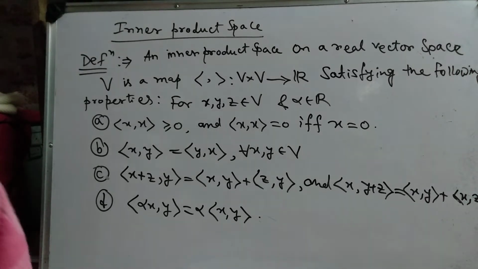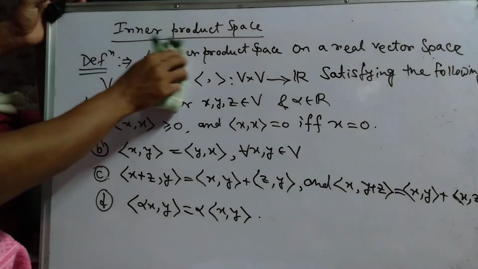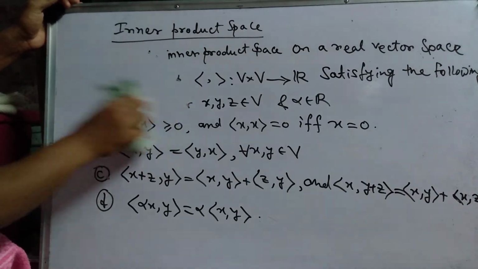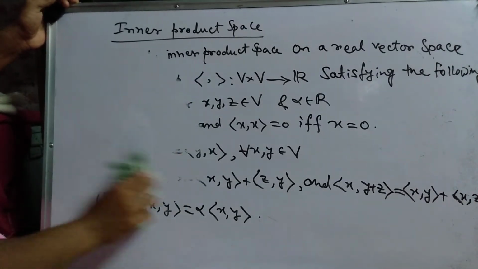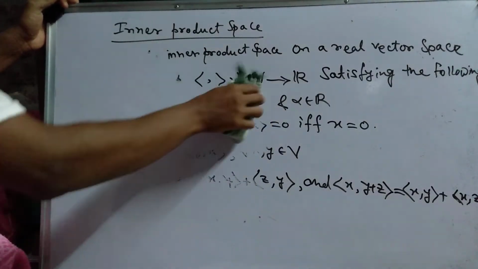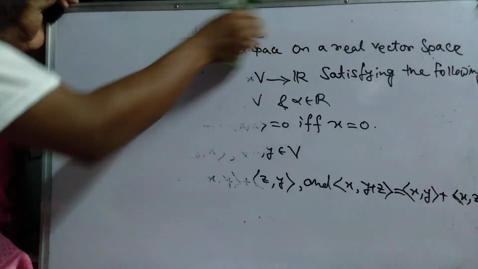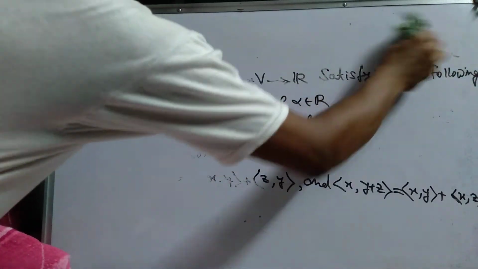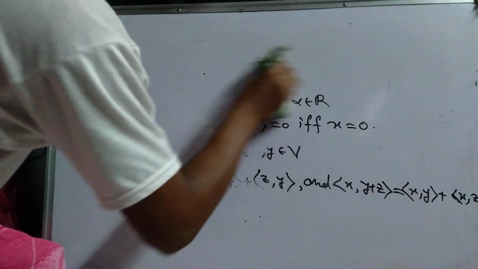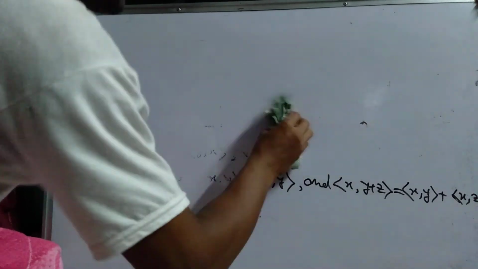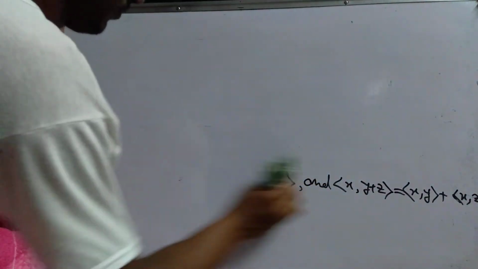Now we give some examples of inner product space. So we erase this portion now.